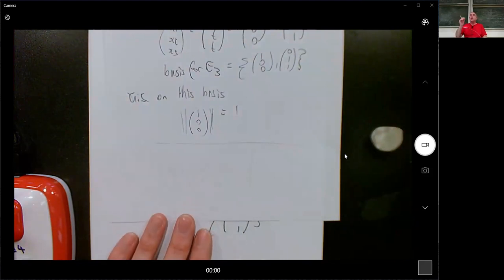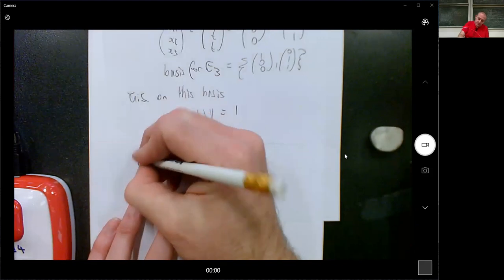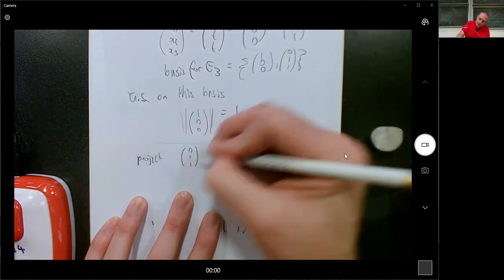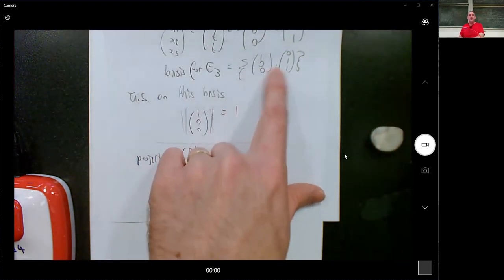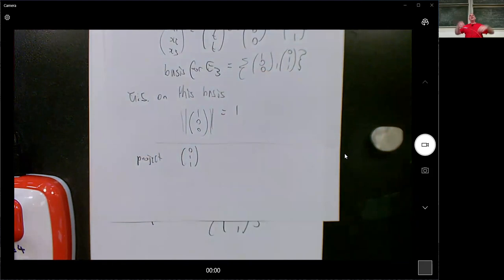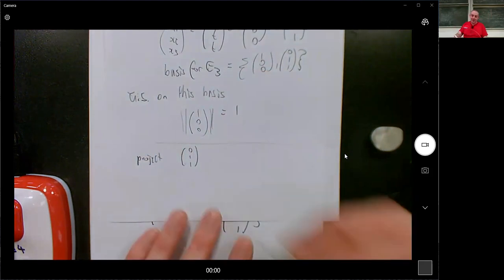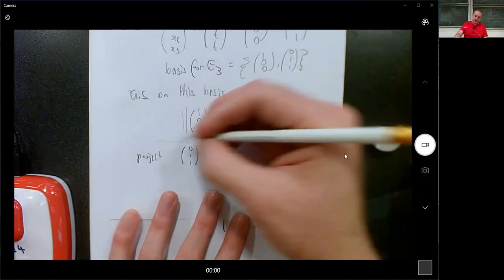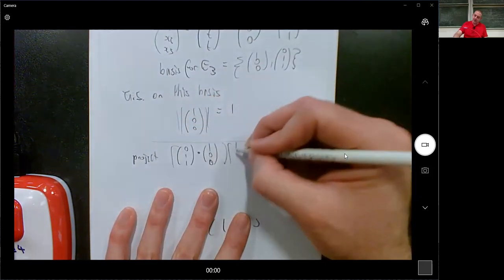Second step, I'm going to have to project, subtract, and normalize. Oh, look, it's already orthogonal to that one. That's cool. I don't have to do anything. But anyway, to project, I would dot this with the other vector and times it by the other vector.